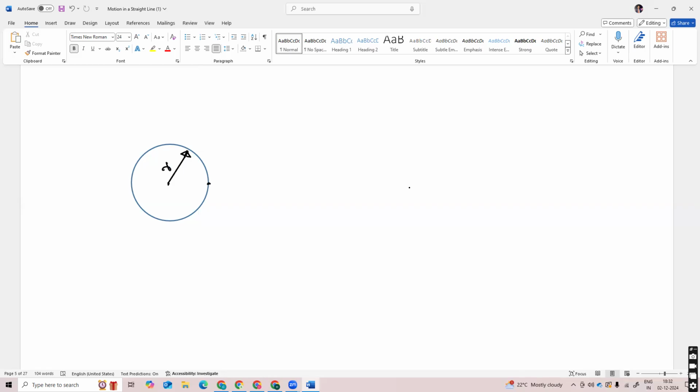Let's say this is point A, and this person moves from point A to point C such that this angle is 90 degree. If someone asks you to find the distance and displacement in this case.